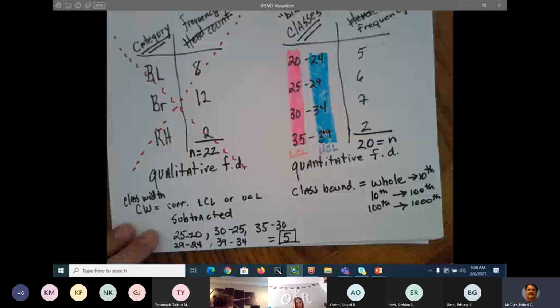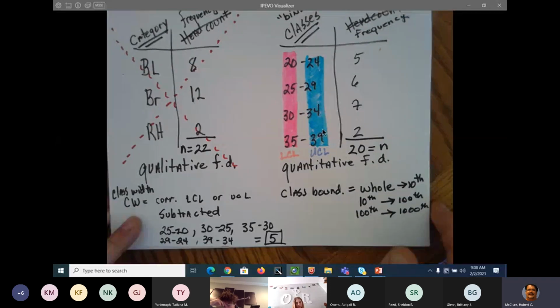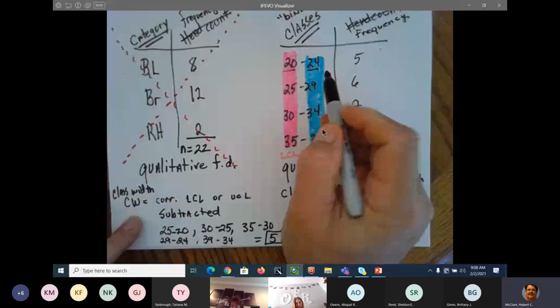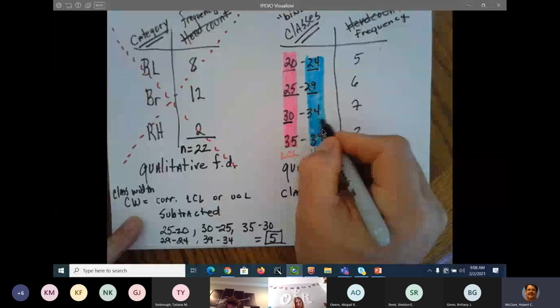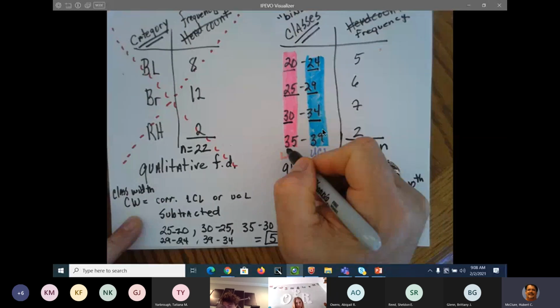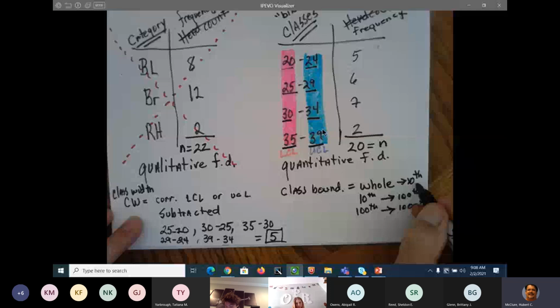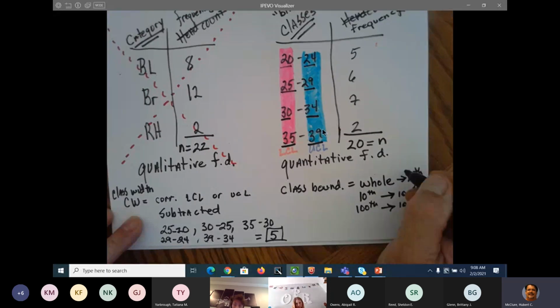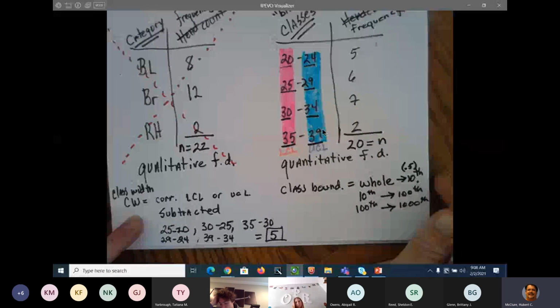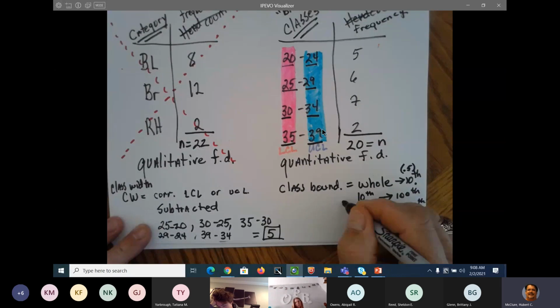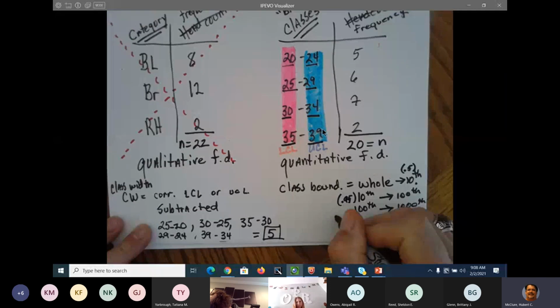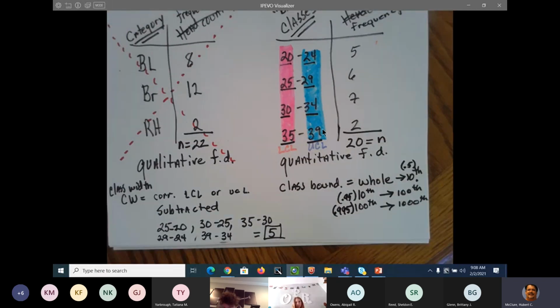Everybody get the pattern? So what do I have here? I have whole numbers. So my class boundaries are going to be to the tenth. And usually when you go to the tenth, you go to 0.5. When you go to the hundredth, you go to 0.95. And when you go to the thousandth, 0.995. Now you don't have to use these numbers, but that's what's used.